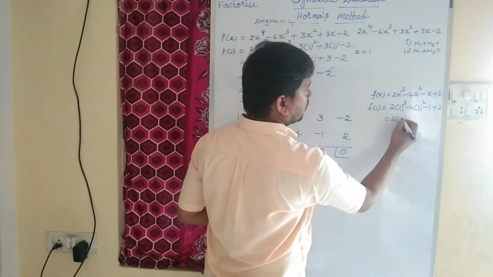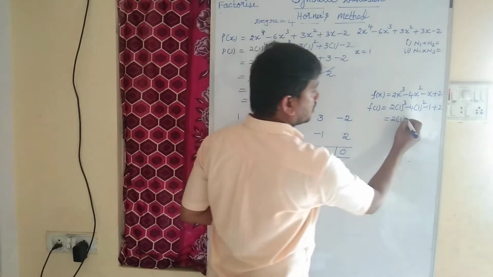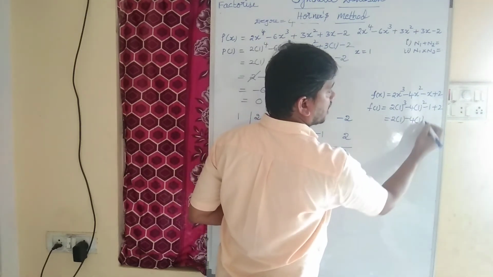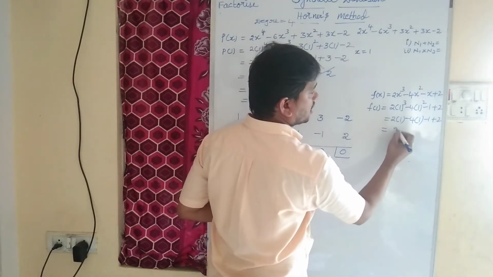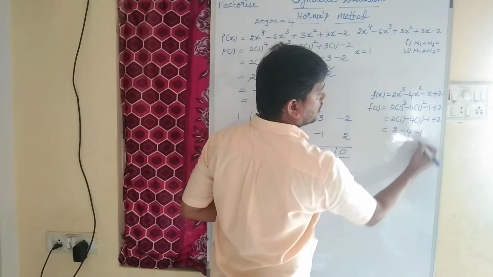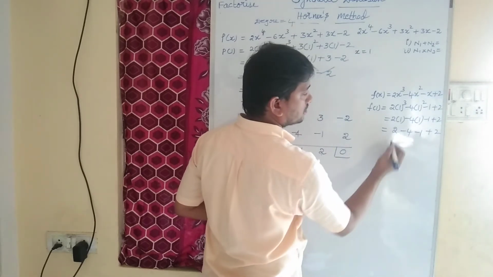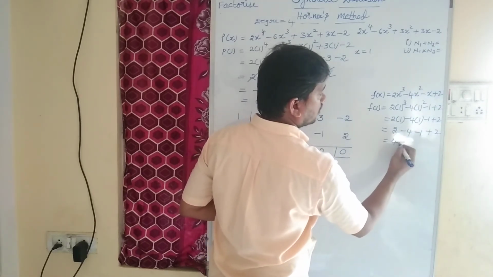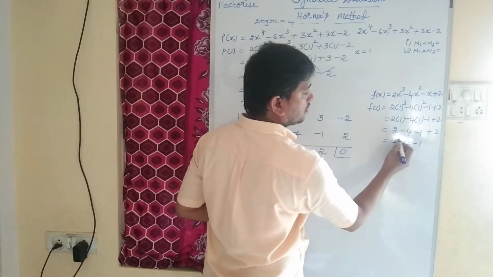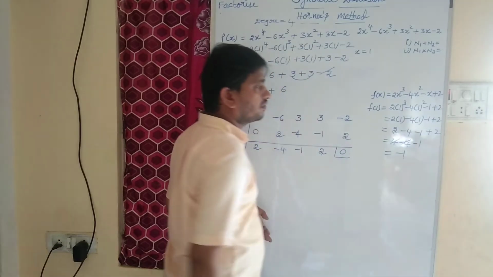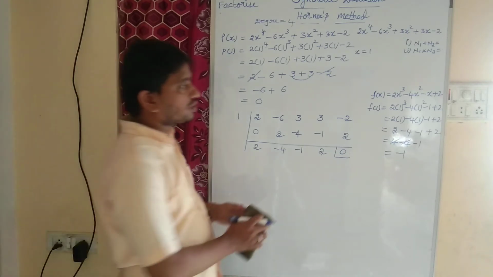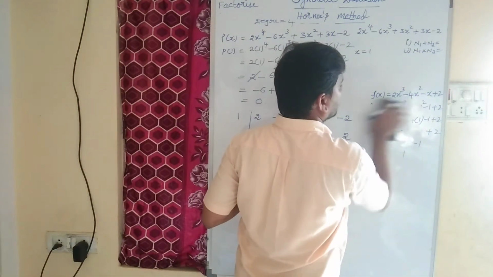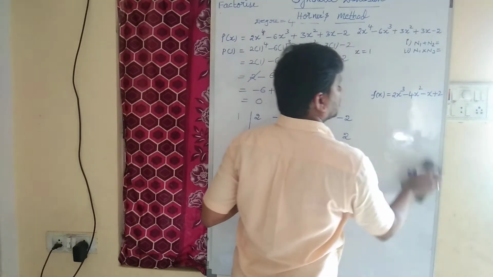So 2 minus 4 minus 1 plus 2. 2 plus 2, 4 minus 4 minus 1. 4 minus 4 gets cancelled. We got how much? Minus 1. No. At x is equal to 1, we are not getting result 0.